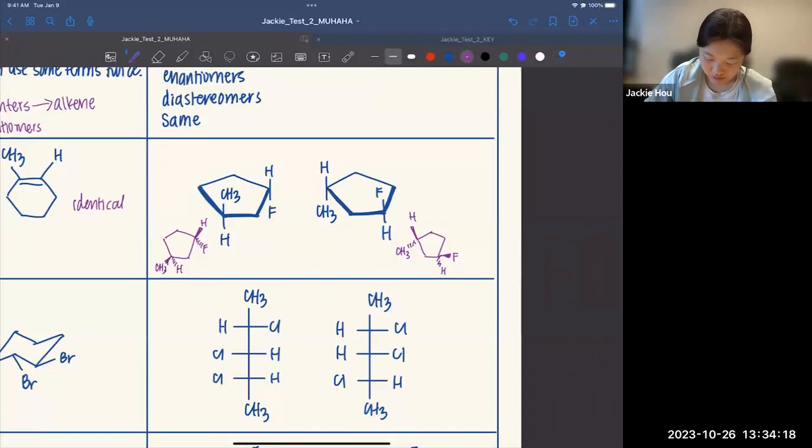So if I rotate this one, this is just writing it closer so it's easier for us to compare. If I rotate it so that this group is rotated this way and that group is rotated that way a little bit, I'm not changing any of the wedges or dashes.